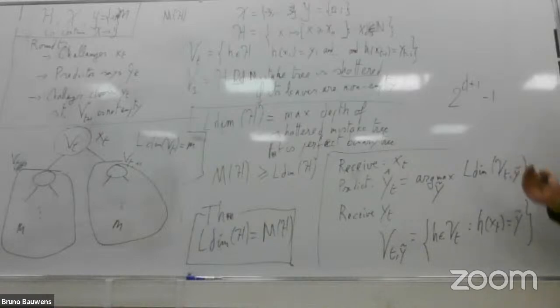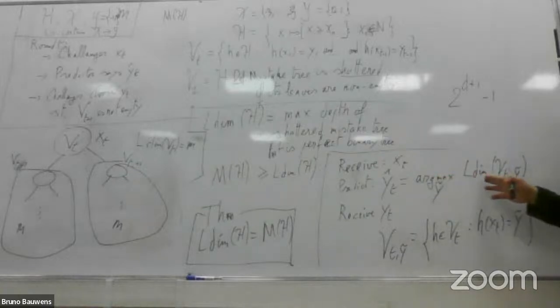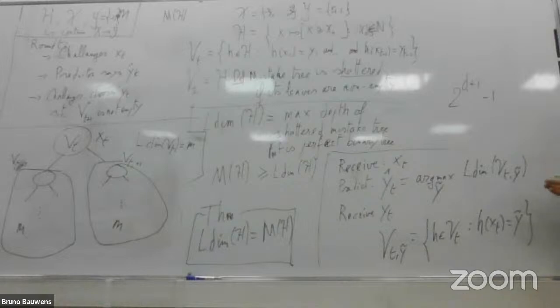So whenever we make a mistake, we choose the Littlestone dimension that's maximal, and we know that at least one of the version spaces must have smaller dimension. So when we are wrong, it means that we arrive in a version space that's strictly smaller.